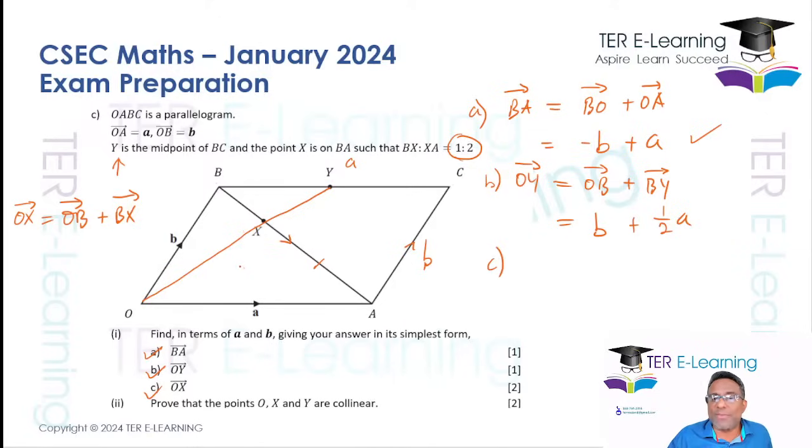Now, we have some of the information required in order for us to work this out already. We know what OX is. You worked that out here. You already know what OY is. So I'm going to use those 2 vectors in order to prove this. So OY is B plus a half A.